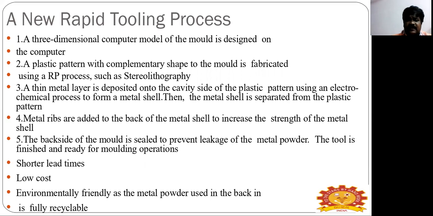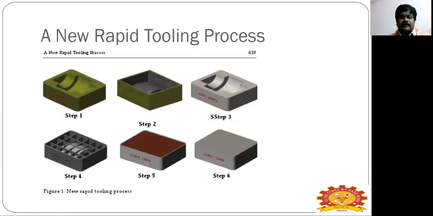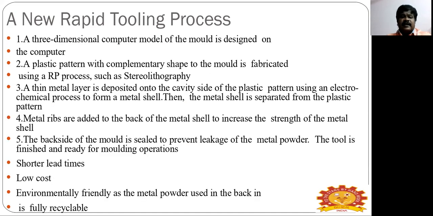Once the tool is finished, it will be ready for the molding operations. You can see figure 1. So the advantages: shorter lead times, lower cost, economically friendly, eco-friendly, and the metal powder used in the bag is fully recyclable.